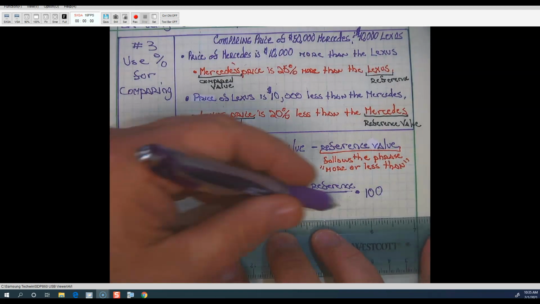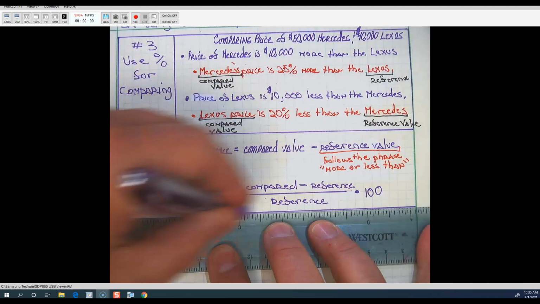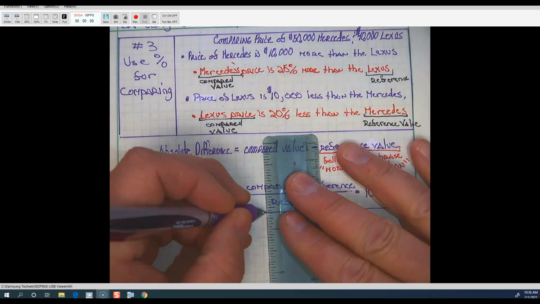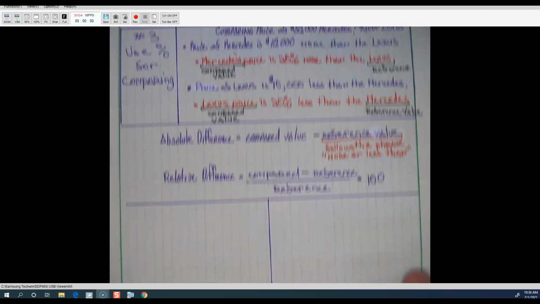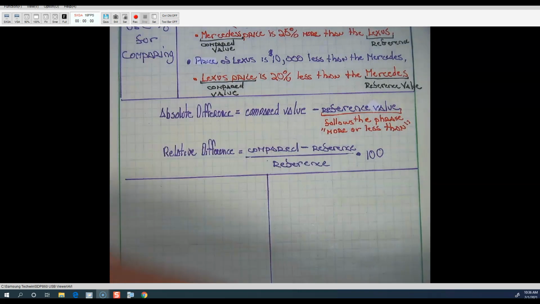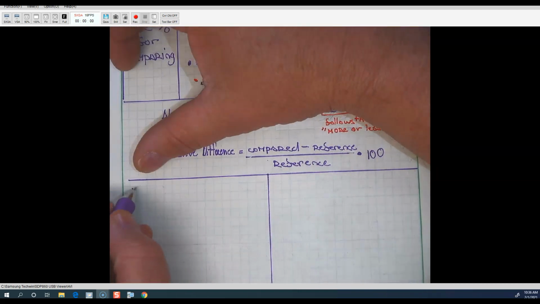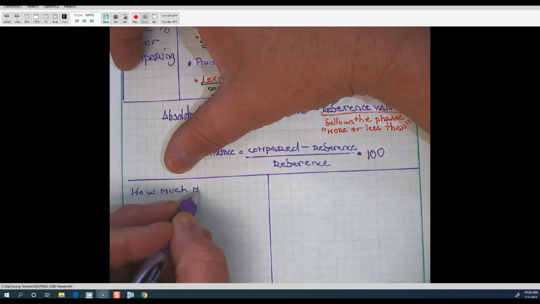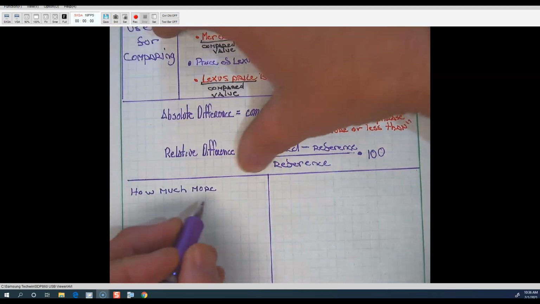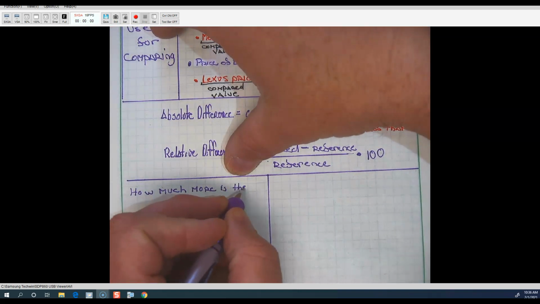So what this would end up looking like, if I gave you one of these two phrases here, okay, so if I said describe how much more is the Mercedes than the Lexus?